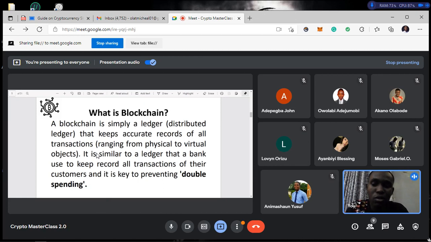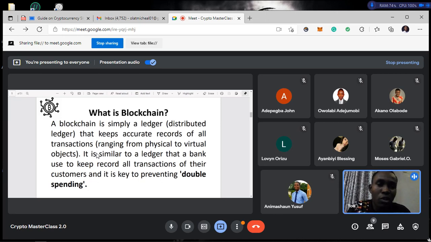So you can construct or design a blockchain in such a way that your physical assets like your land, your car, your properties and the likes are recorded on the blockchain. So blockchain is not used only for storing cryptocurrency records. You can design your blockchain in different forms.